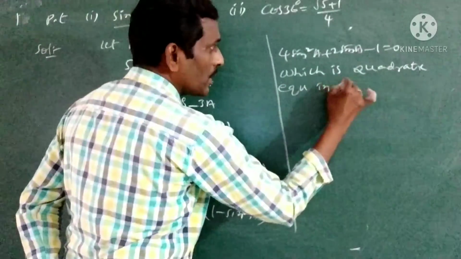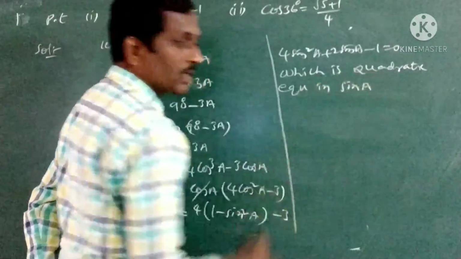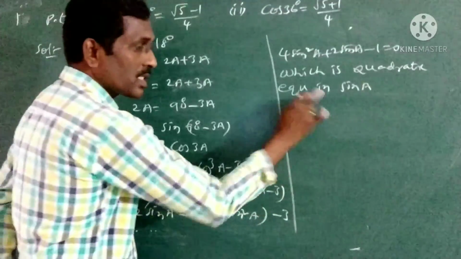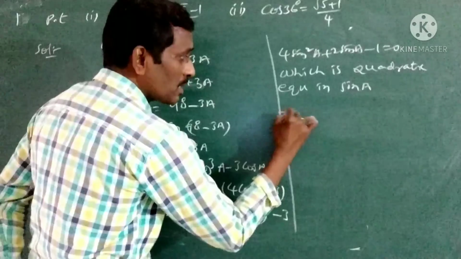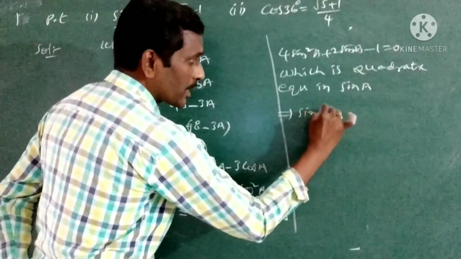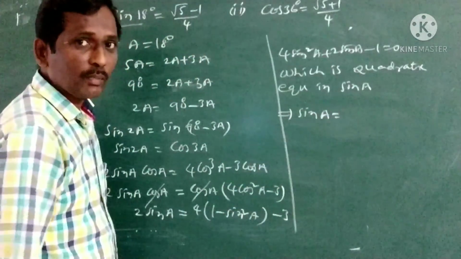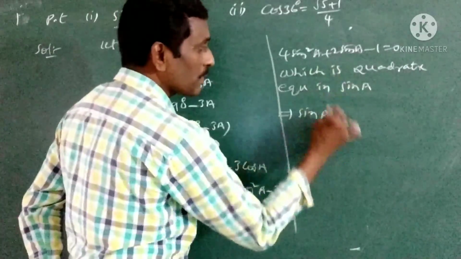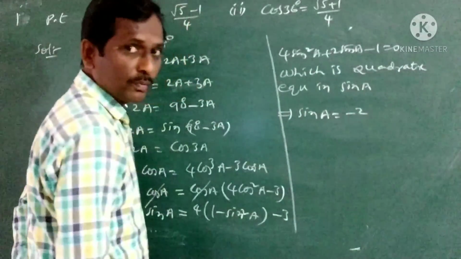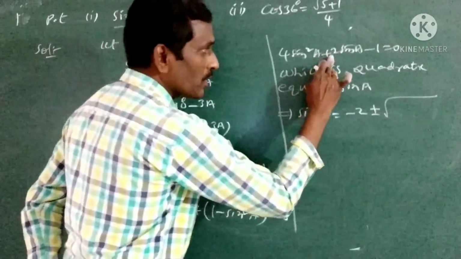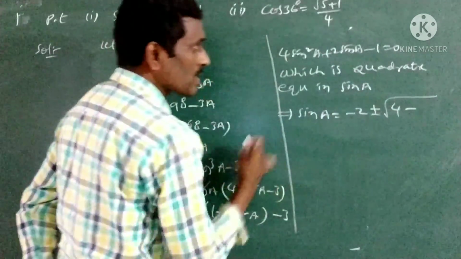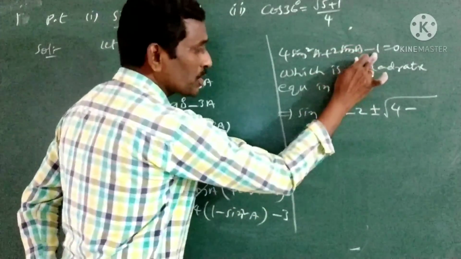Sine A equals minus B, which is minus 2, plus or minus the root of B square minus 4AC.